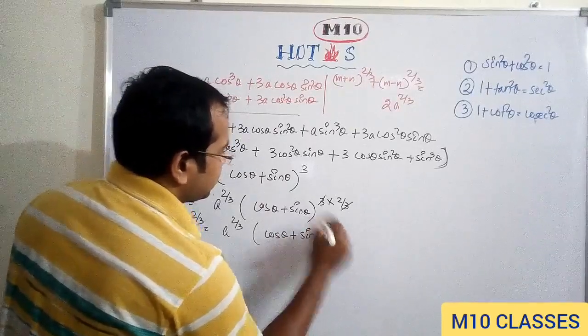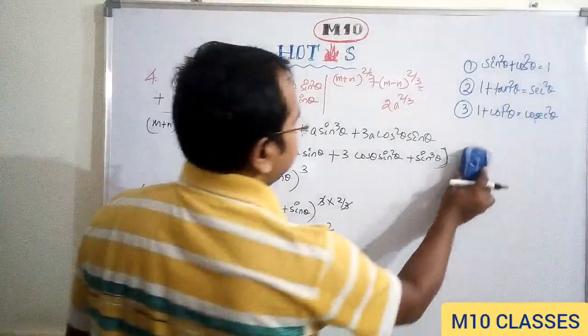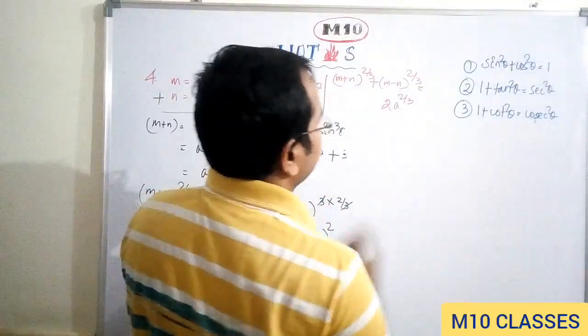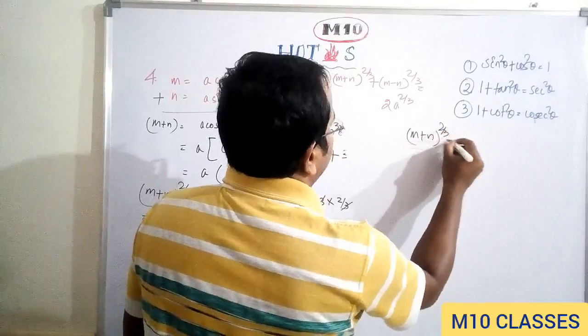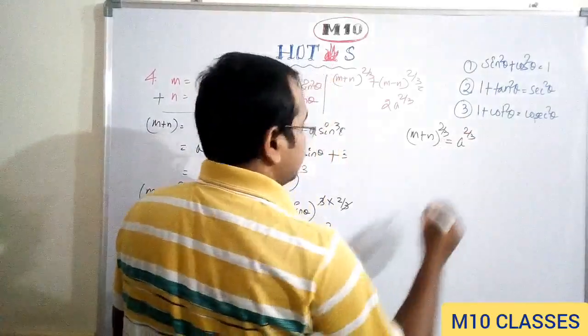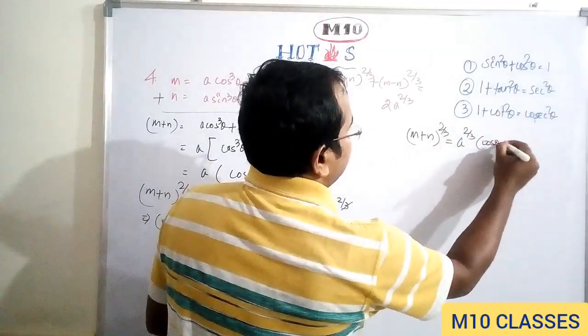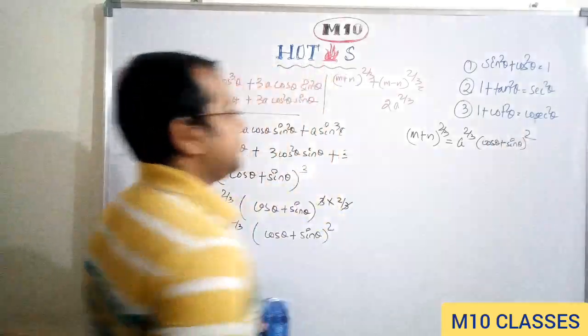You have got one value. Let us write it here: (m plus n) to the power 2 by 3 is a to the power 2 by 3 (cos theta plus sin theta) whole square. This is what we have got.